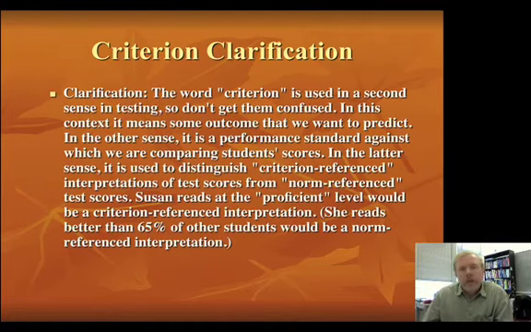I want to make a clarification here. And that is that this idea of criterion relationships, in other words, predicting some concurrent or future outcome, is different than using the idea of a criterion reference test. So in the case of the criterion reference test, we're stating what the objective is that we're measuring in the test.